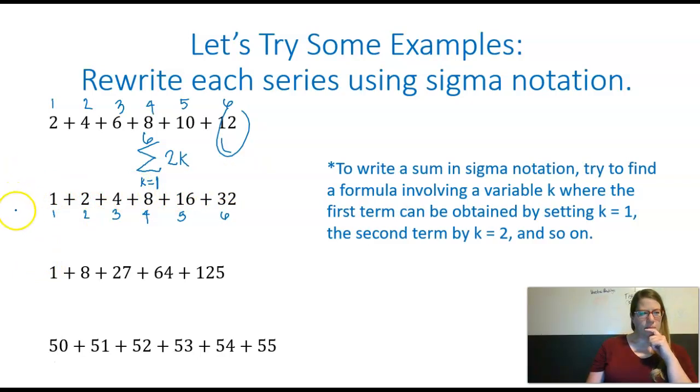So what I am noticing is that, well, let's skip the first one for a second. This one right here is 2 to the first power. This one is 2 squared. This one is 2 to the third power. 8 is 2 to the third. 16 is 2 to the fourth. 32 is 2 to the fifth power.